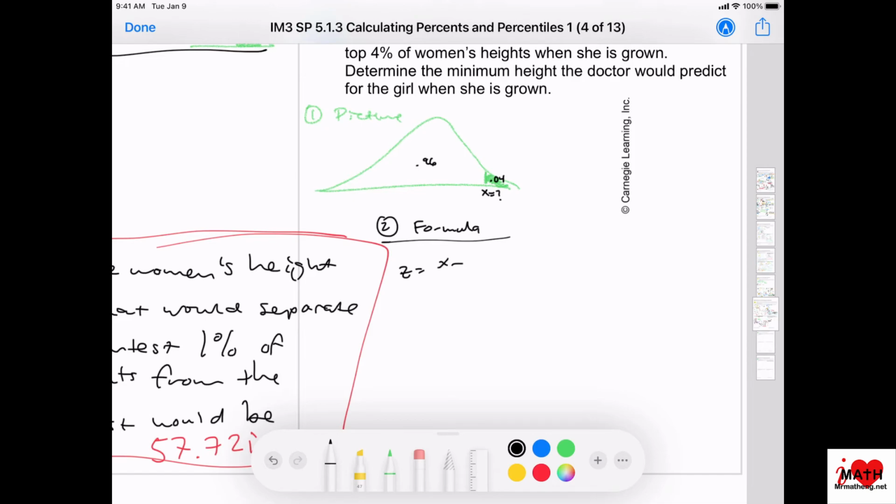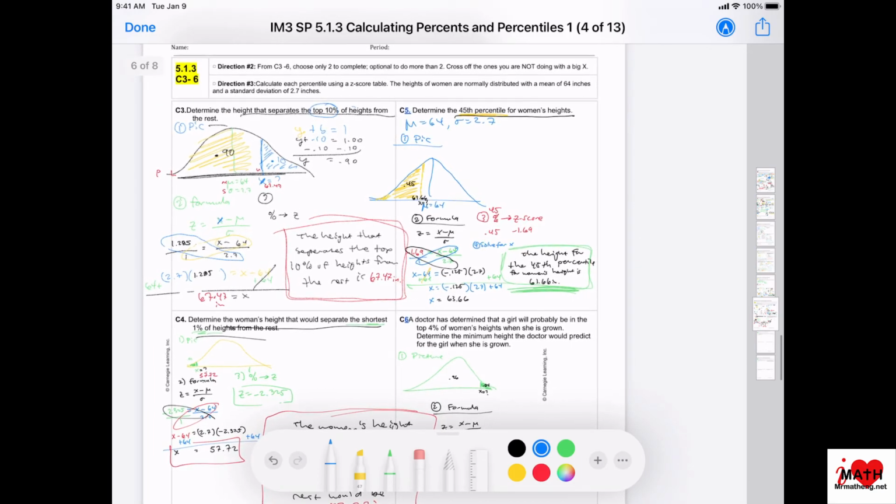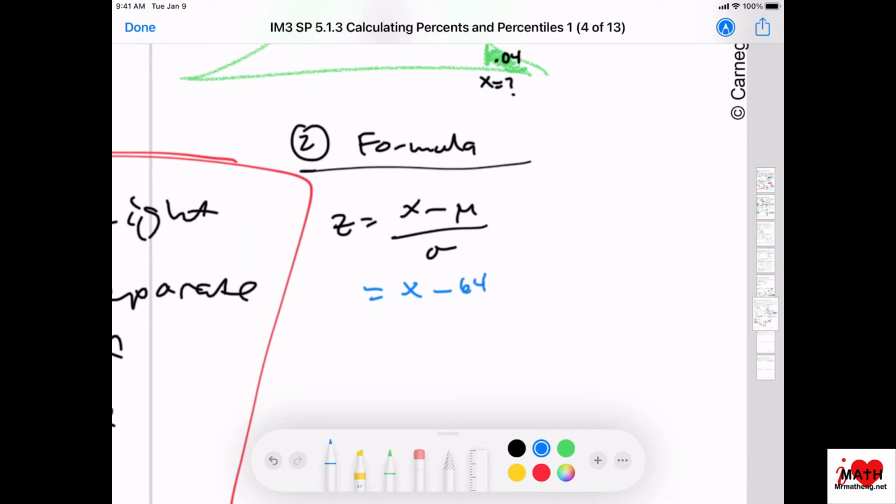Z equals x minus the mean over the standard deviation. And we get the x score we're trying to solve for. The mean we get from at the top there in direction number 3, so mean of 64 over 2.7. And now we need to figure out the percent to a z-score. So we're looking at 4%, which is 0.04.